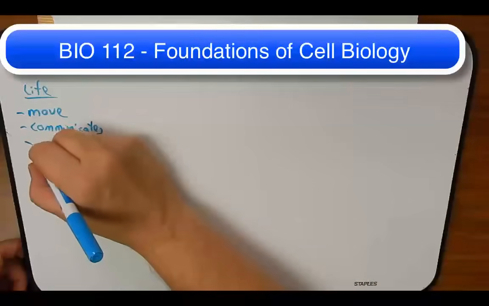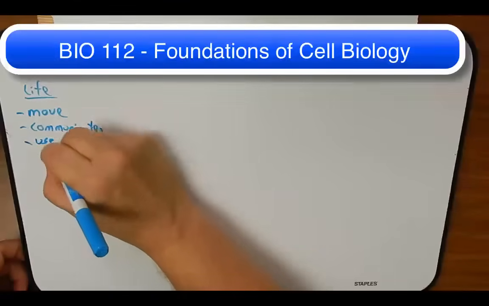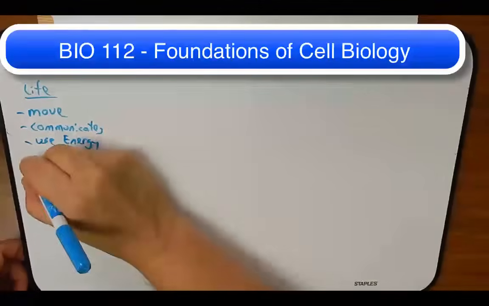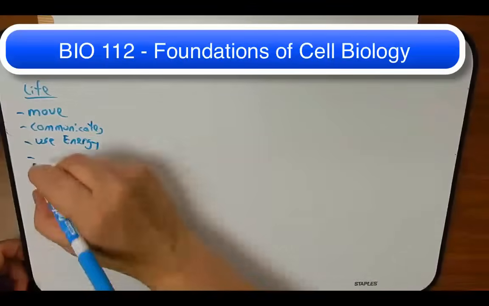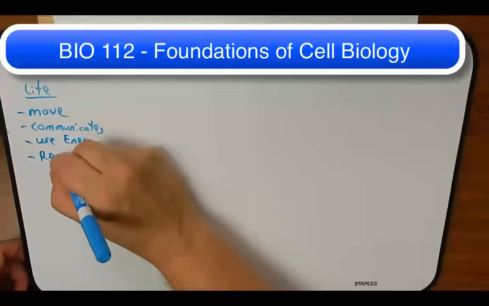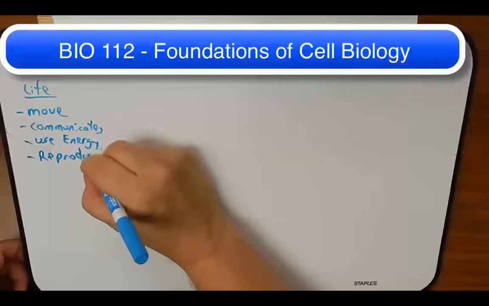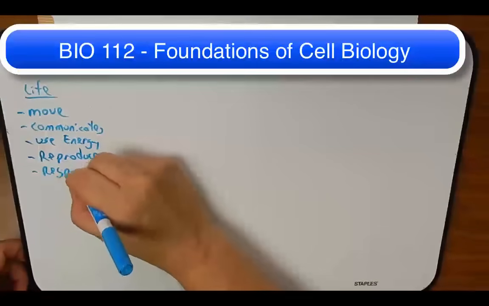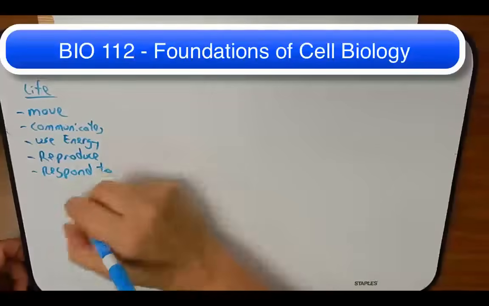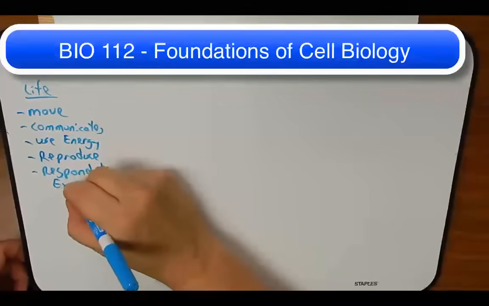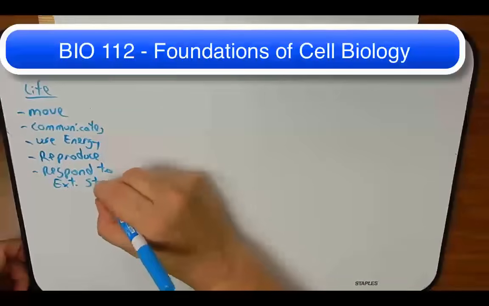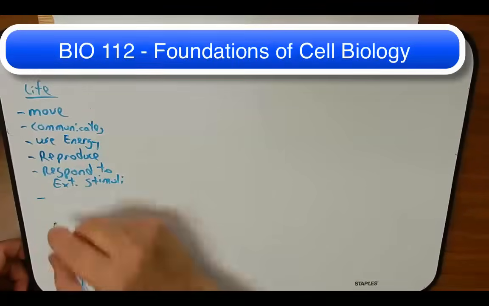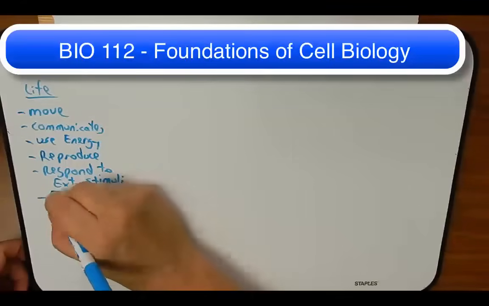We're also interested in how different living organisms use energy. We're interested in how they reproduce. We're interested in how they respond to external stimuli. And ultimately, we're interested in how they evolve.